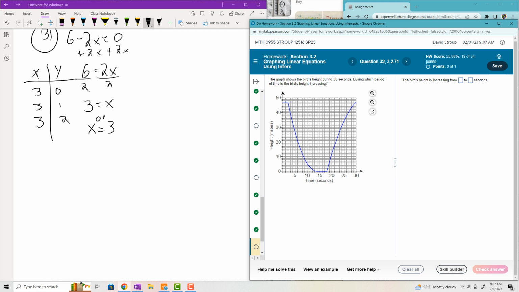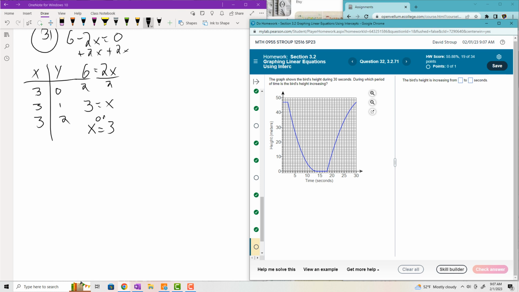And then it's flying level, and then it drops down to almost 0, and then around 15 seconds. And then it's going to start increasing from, I guess, 17 seconds to 30 seconds. And that's what they're asking. When is the bird increasing in height? And you just look at that blue line.